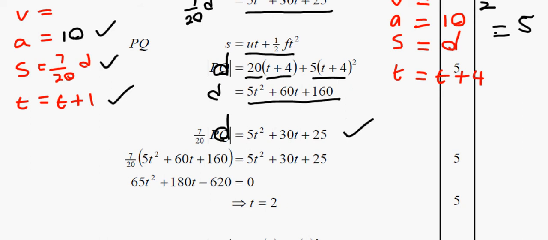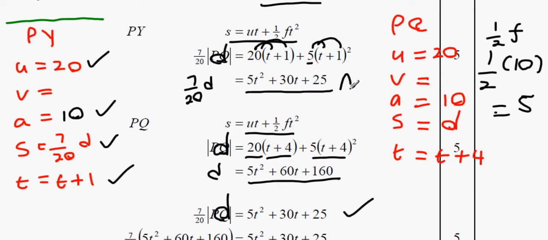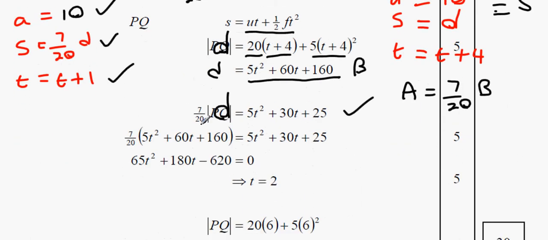That's basically information set A. So A should equal 7/20ths of equation B, and this here is equation B, because this is 7/20ths of D and this is the entire D. So we know that A equals 7/20ths of B.